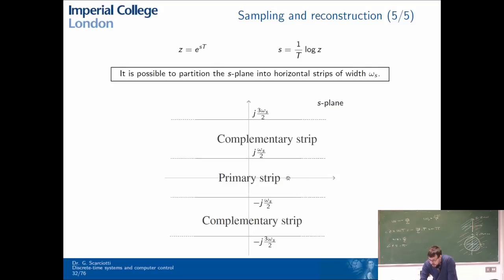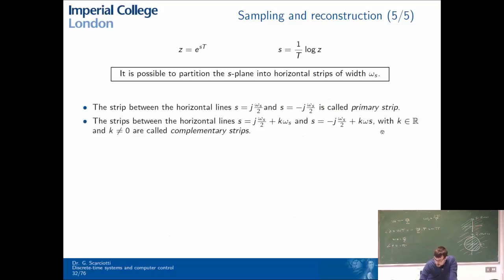Then we identify these other strips, this one, the one after that, and so on, and the one below, as complementary strips. These are strips that again have width equal to omega s, and this particular one goes from j omega s divided by 2 to j 3 omega s divided by 2.